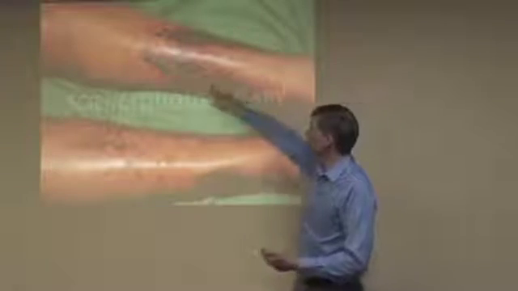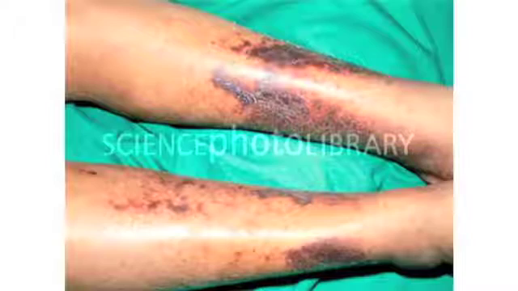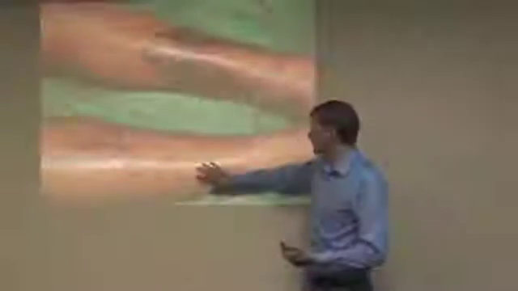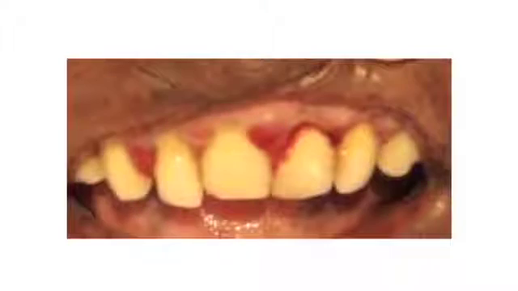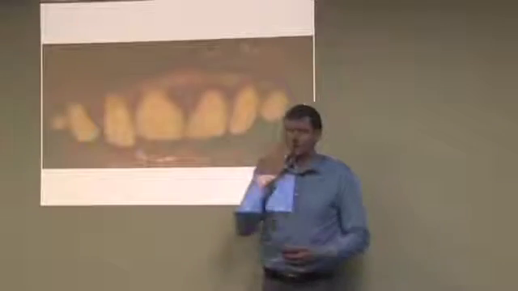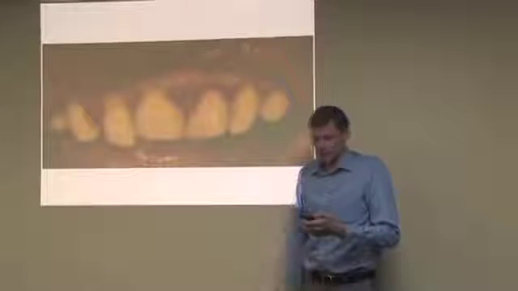This is more pronounced, like right there and there. I've seen this many times. I've seen heart disease patients pull up their long pants like this, and this is what shows up. Here's another picture of bleeding in the tissue. It shows up as a dark bruise and some swelling.